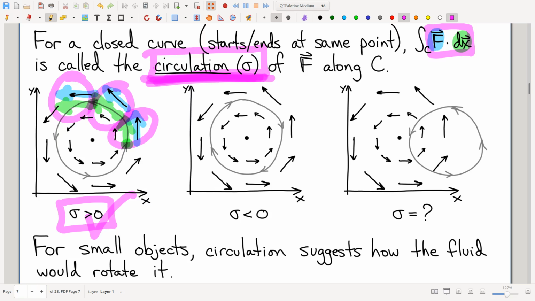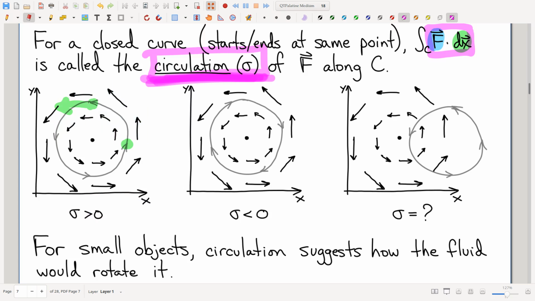And I think a nice way to think about this is, we'll recall from Chapter 3, we talked about having a solid. I like the idea of a leaf floating in the water, right? The water that is, whatever this vector field represents the flow of.